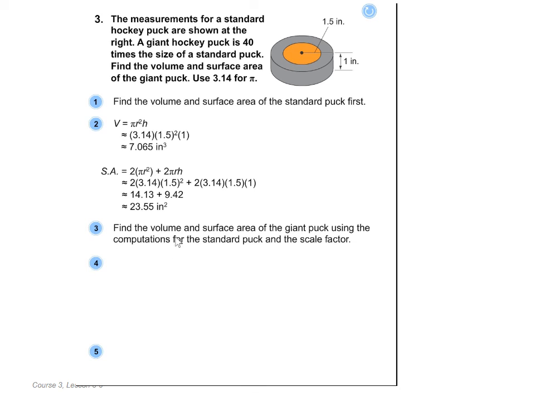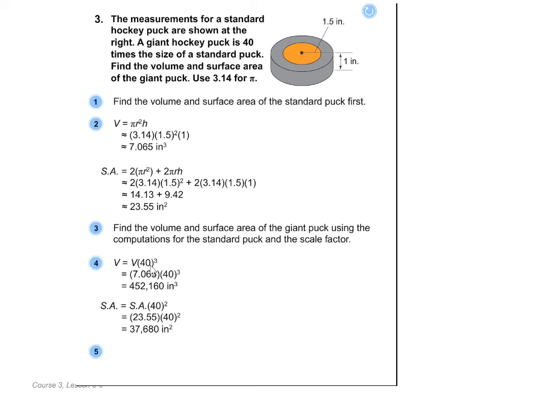Now we're going to find the volume and surface area of the giant puck using the computations for the standard puck and the scale factor. So now we know the volume. We're going to take the volume times 40 cubed. The 40 comes from the sentence, a giant hockey puck is 40 times the size of the standard puck.